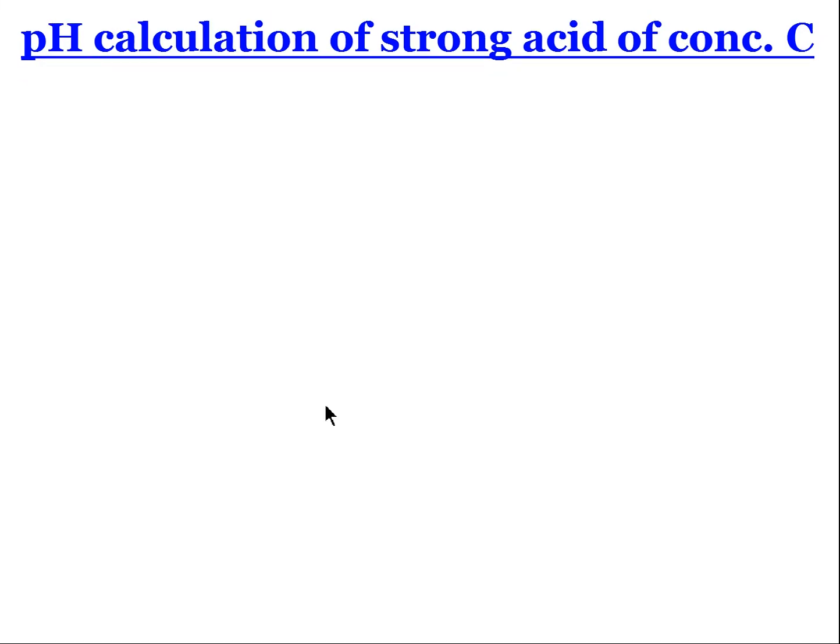Now a new case of concentration of the strong acid. What would be the pH of a solution of strong acid where the concentration is between 10 minus 8 and 3.2 10 minus 7?